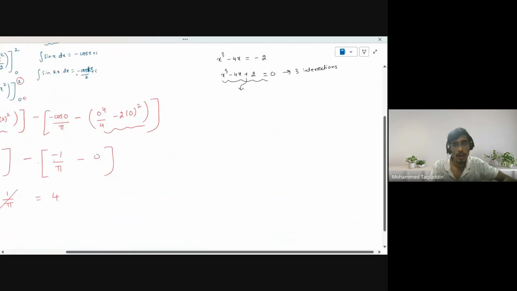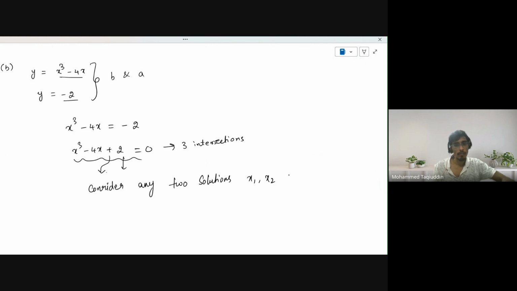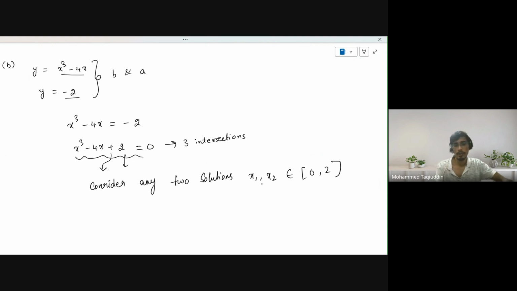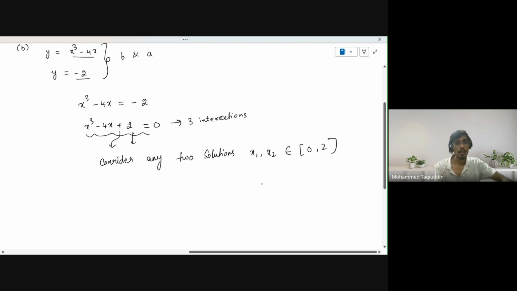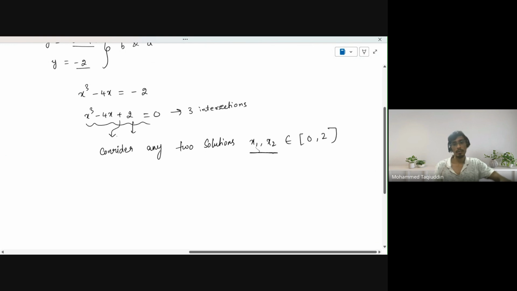So I just have to say, consider any two solutions x1 comma x2, but they should be between 0 and 2. That makes sense, but I'm not interested in finding exactly what they are, but I need x1 and x2 to proceed with this question.